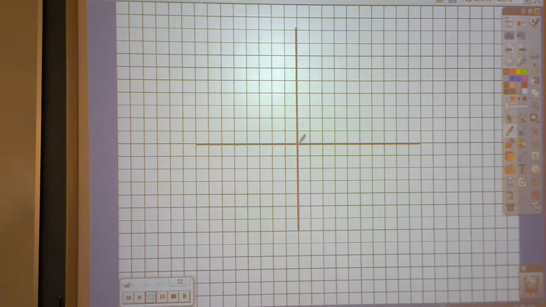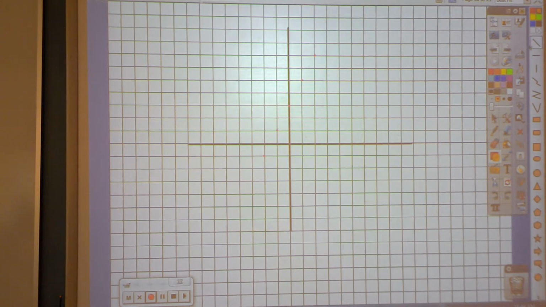Next one? 0, 3. Next one? 1 and 5. And then the next one, 2 and 7. Now I'm going to take my handy dandy red marker and, oh well, so much for the red, but there it is.